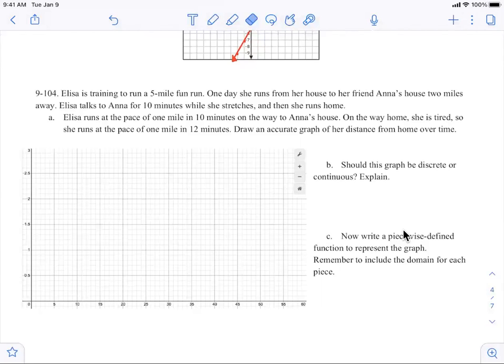So I think this is distance. And this is time. She runs for 2 miles to Anna's house. So I think it takes her 20 minutes to go 2 miles.